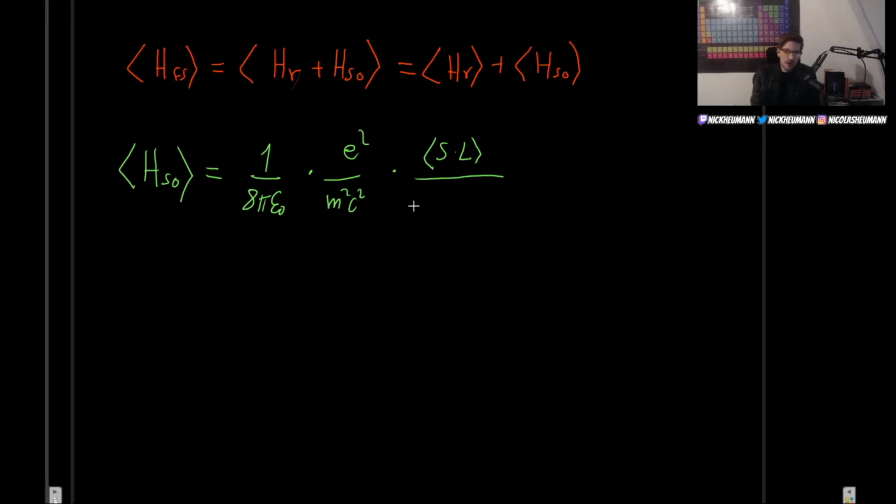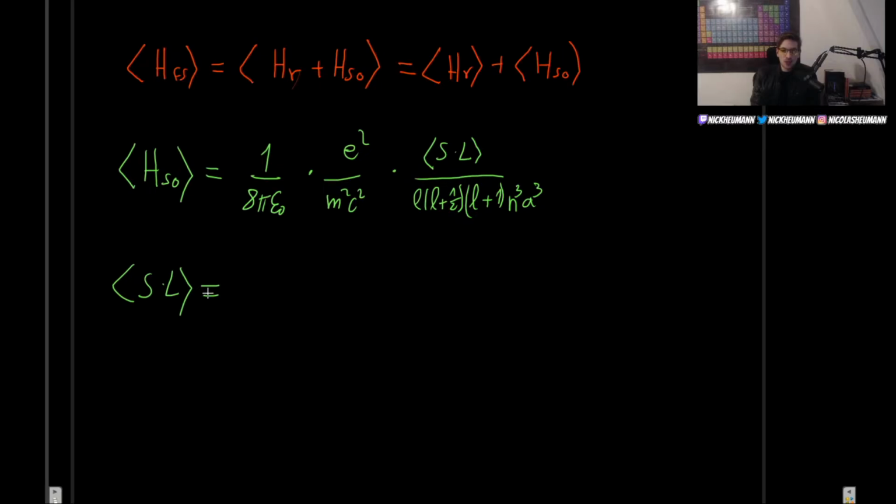But we already found that, so I'm just going to write the result. If you don't know where this came from, just go back a few videos and you will have a full explanation there. Times n cubed a cubed. So basically all that we need to figure out is the expectation value of S dot L.